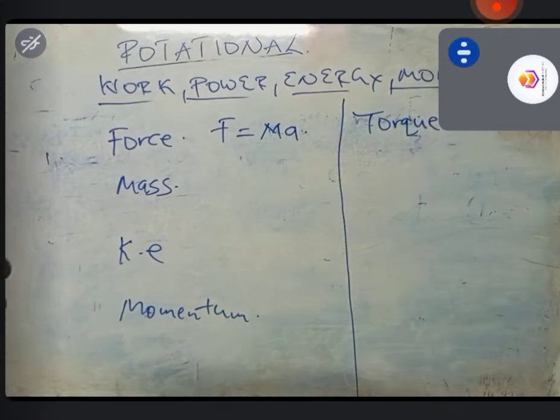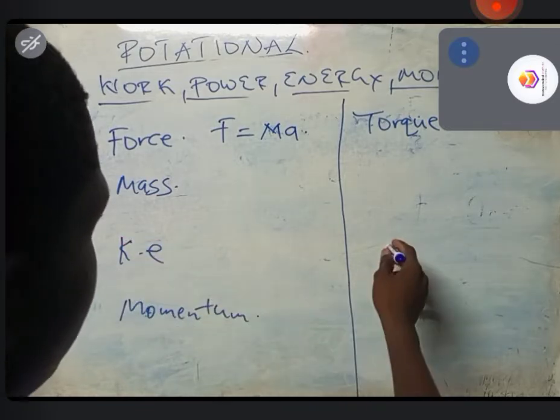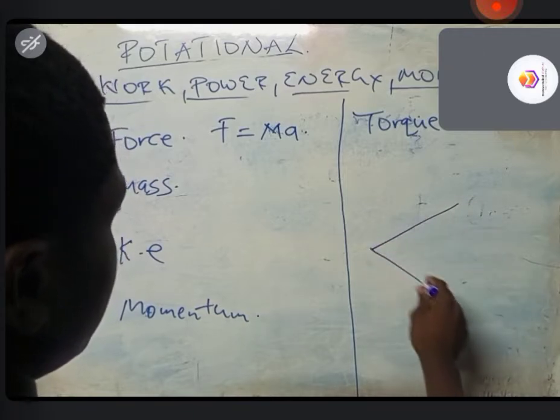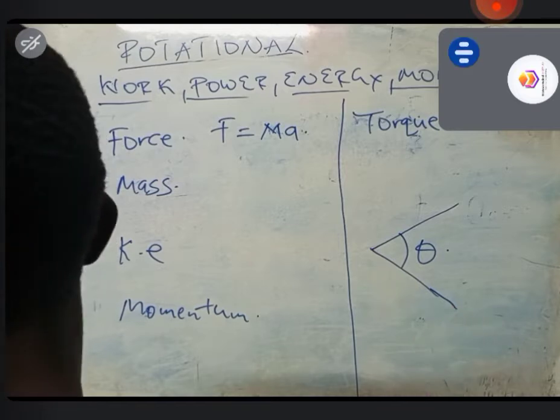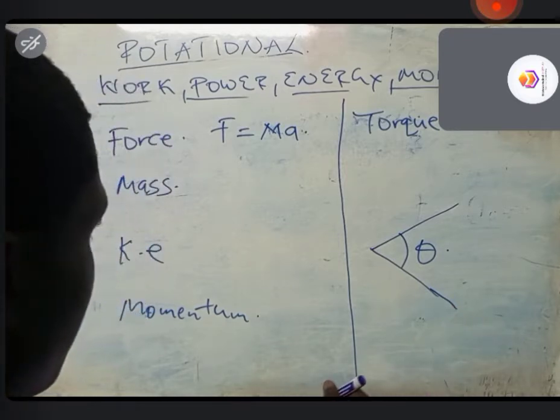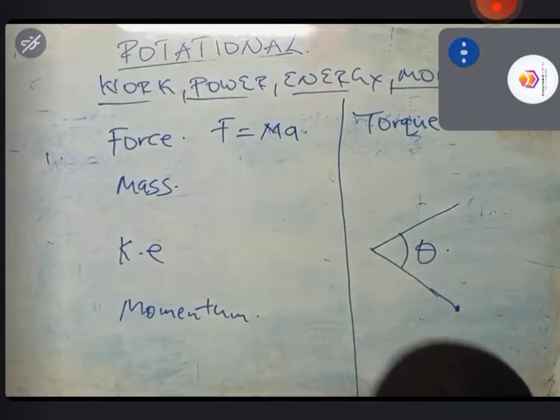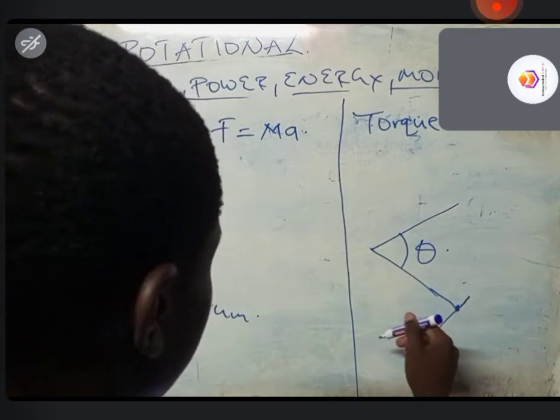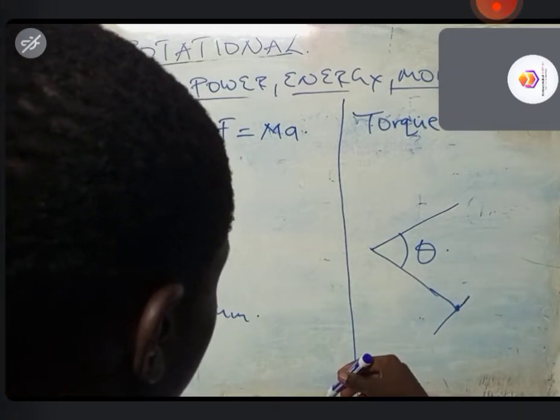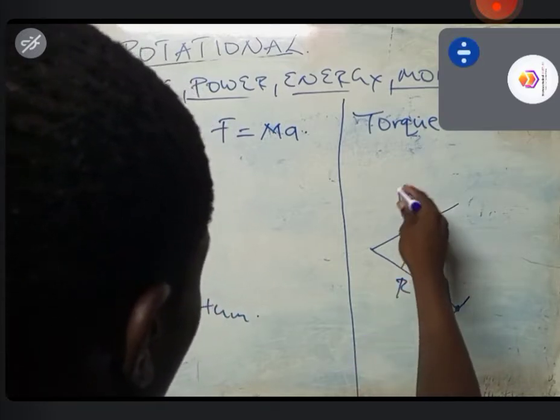So what's the counterpart? Starts with a door. From the point where you're applying a force to a point of, let's say, the hinges or the pivot, we can call that the radius, and that's our force.